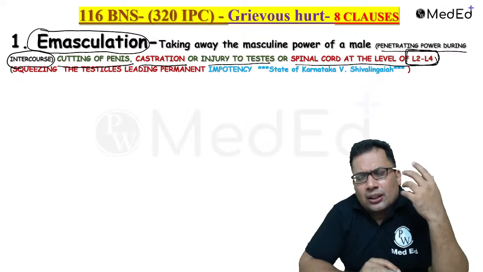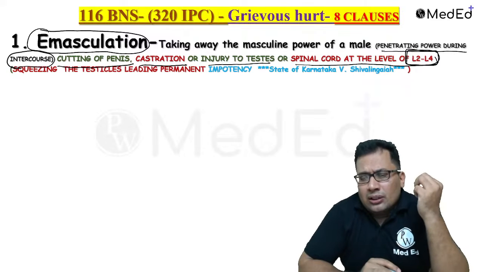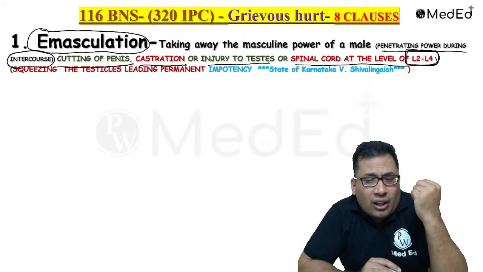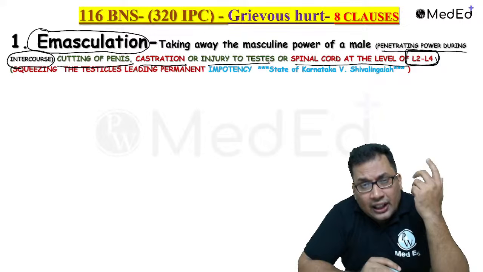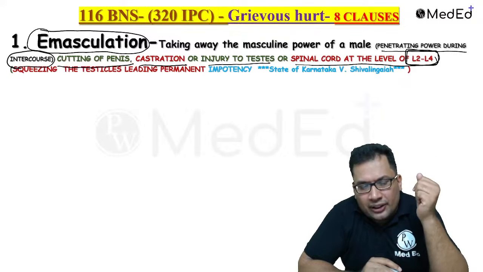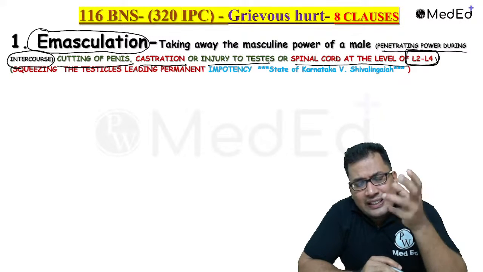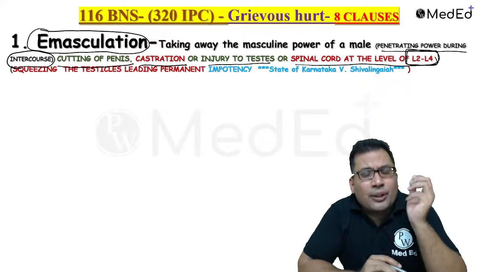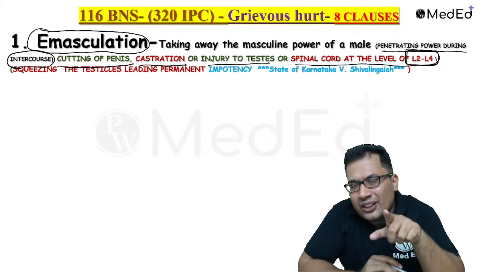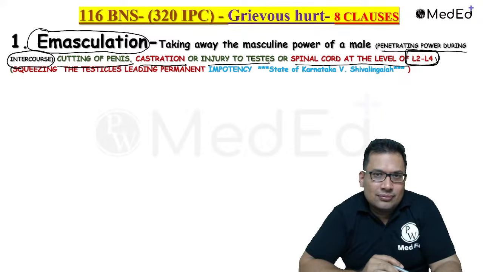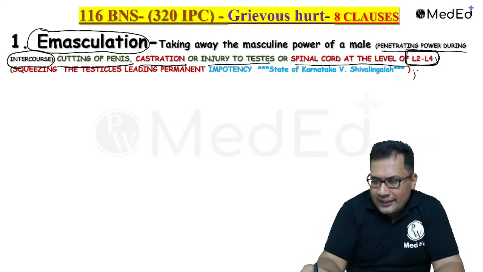Now, one interesting judgment, between State of Karnataka and Shivalingaya. In that judgment, it is mentioned that squeezing of testicles leading to impotency can be grievous. Okay. This is the first clause.